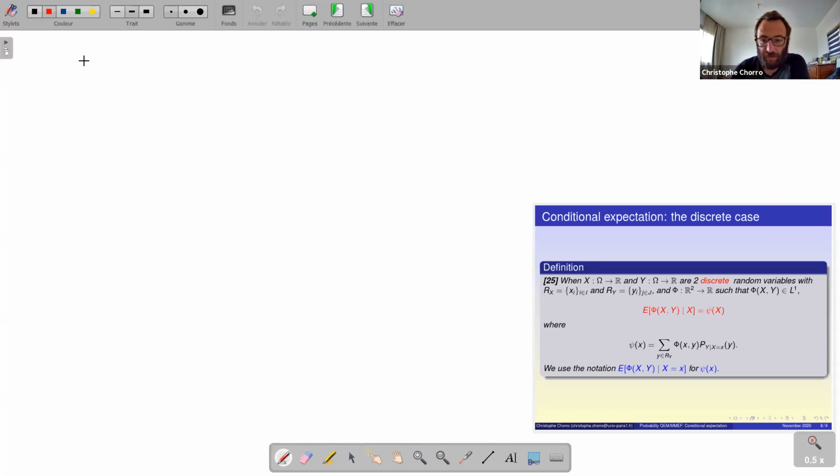Keep in mind, with the notation involved in the slides, that if I want to compute the expectation of a function of X in the discrete case, I have a sum over the possible values of X of the value of my mapping multiplied by the probability that X is equal to small x. Okay, so this is the definition of the expectation in the discrete case.